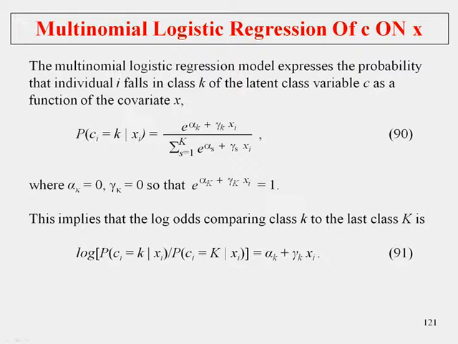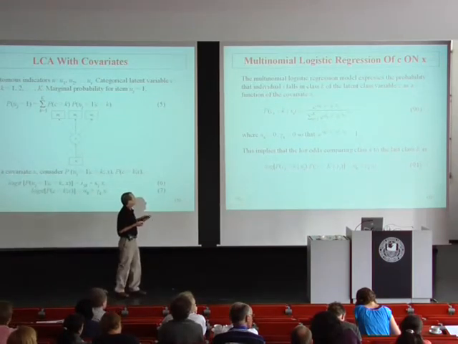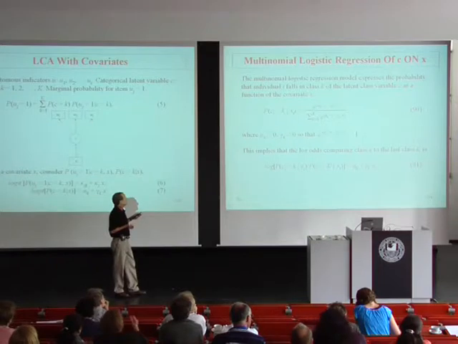And in the denominator, we have the sum over a lot of such expressions to make this into a probability that varies between 0 and 1. And we have a standardization here.